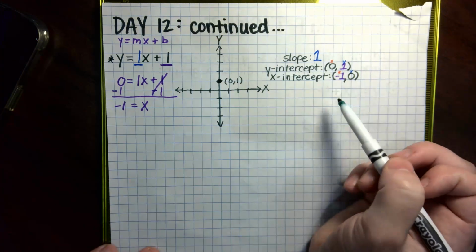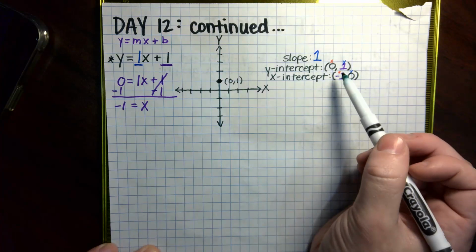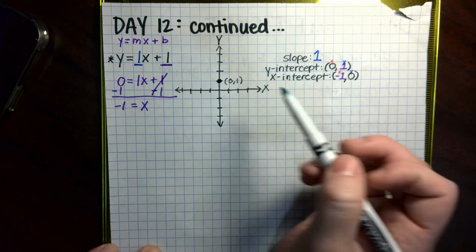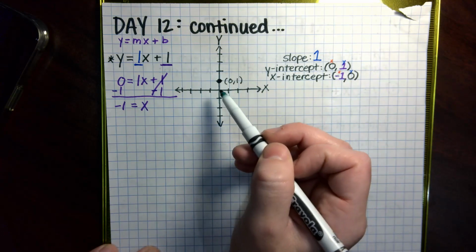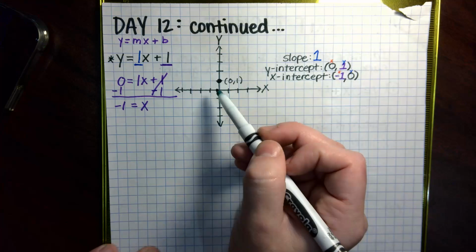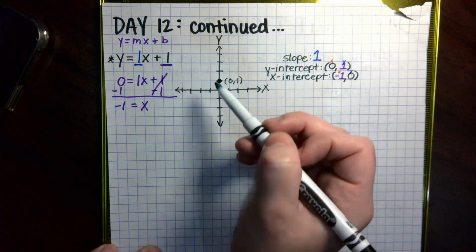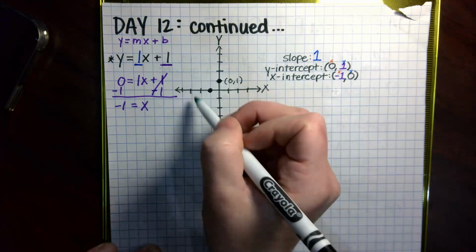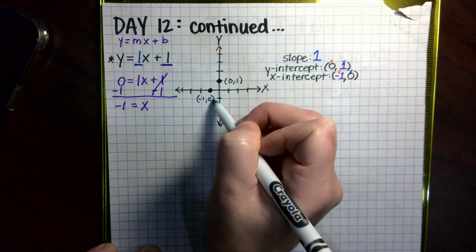Okay, now we have our x-intercept too. It says for our x we have -1, our y is 0. So where am I going to go in the x direction for the x-intercept? To the left, to -1. And do we go up any? Nope, our y is 0. So this is going to be our point for the x-intercept. So we're going to label that -1, 0.